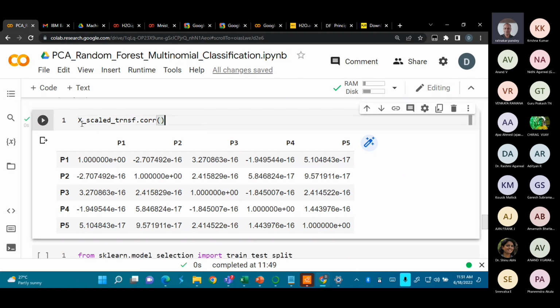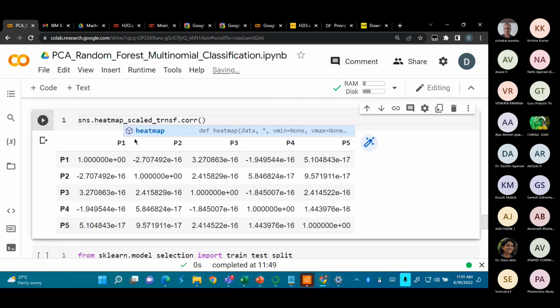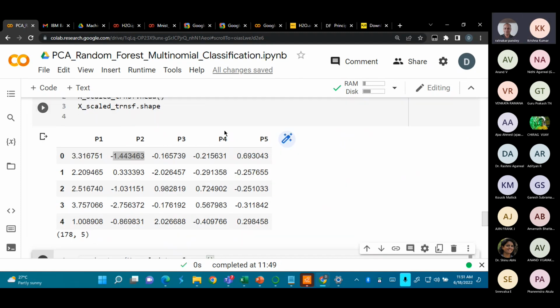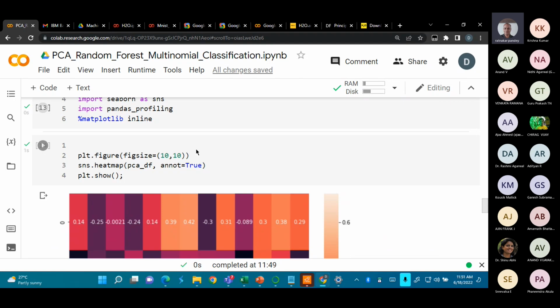Okay, so then we are doing the correlation. Can anyone tell me how I can generate the heat map from this? Do you remember? sns.heatmap. Let's see if I type it correctly. X scaled dot this, just like what we've done over here, right?